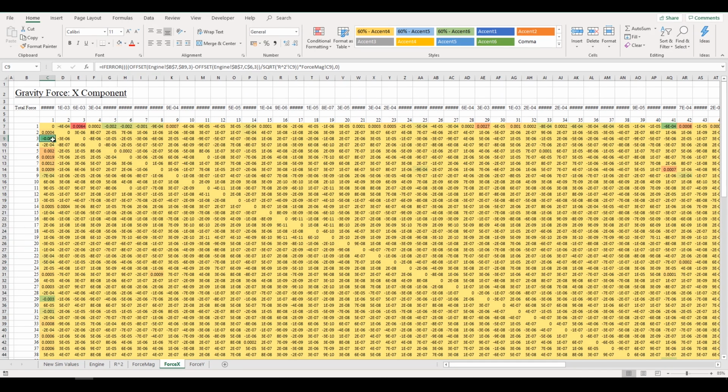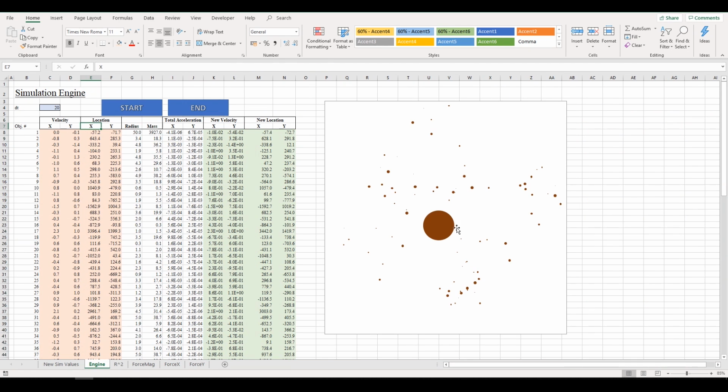If we just look here, one object is moving in that direction, but this object should be moving in this direction. Now this object will move only a very little bit, because the force is divided by a massive mass. This object should move a lot in this direction because it has a very little mass, and the force will be quite big.